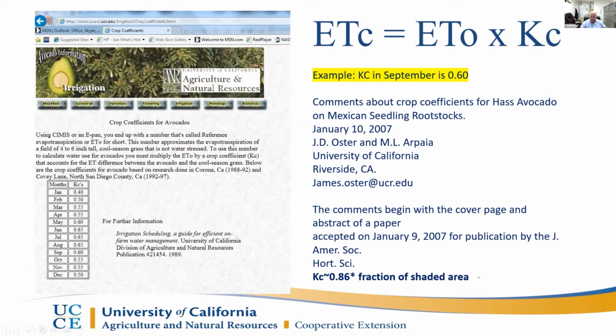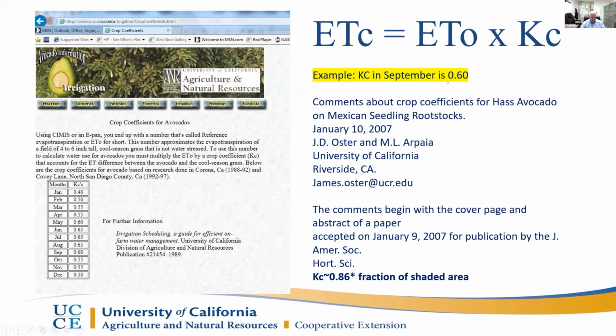There is a good rule of thumb here, and Mary Lou, I think, came up with this information with Jim Oster way back. And it says the crop coefficient would be about maybe 85, 86% of the shaded area. So let's say for now, let's assume that our crop coefficient is 0.6 or 60%. And that's a good estimate.